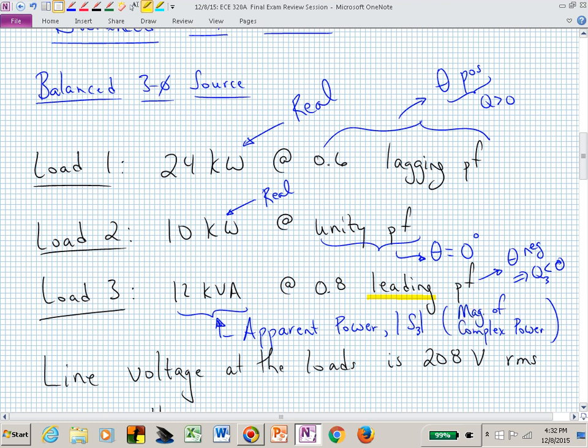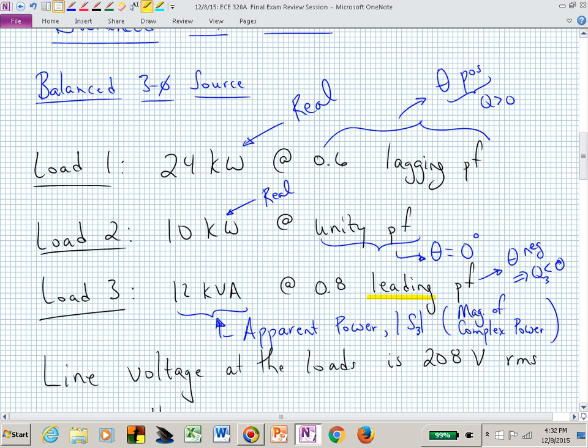So the lagging and leading is with respect to the current. The current is lagging the voltage in an inductive load. So you could just use ELI again. You could say V is equal to ZI, and Z is j omega L. That's giving you a 90-degree addition to I to get what V is.